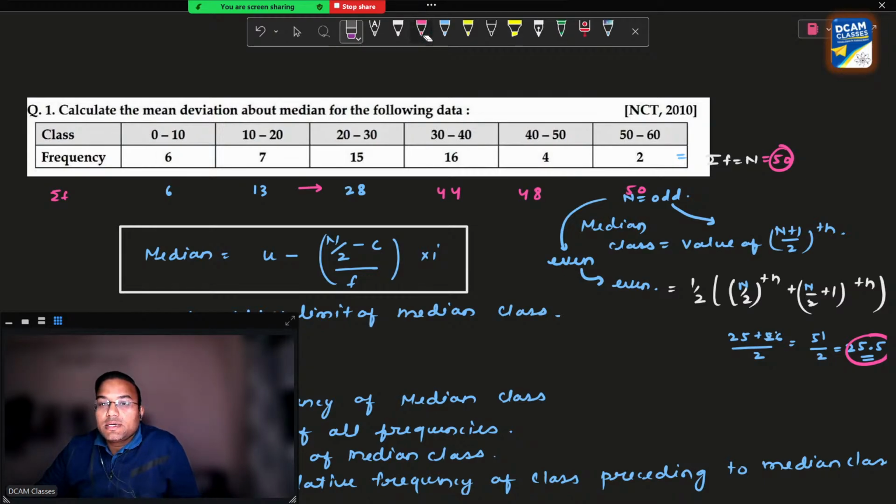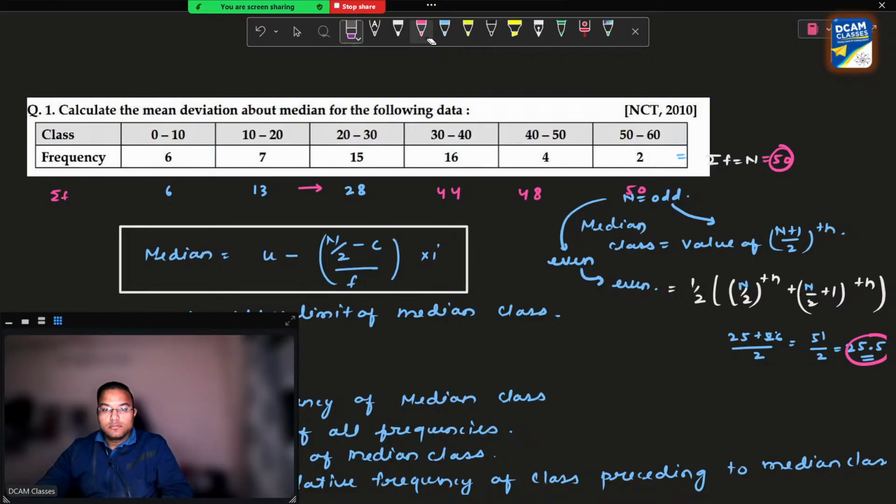That becomes your median class. Kanishka, did you understand how I calculated the median class? I have explained this only because Haripriya knows how to calculate the median class.